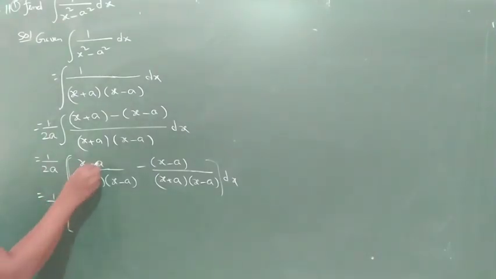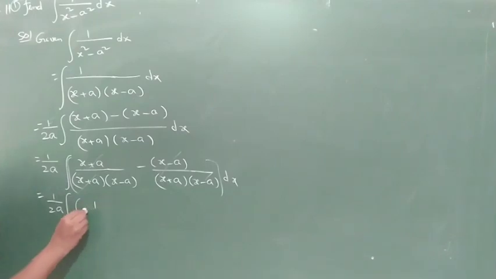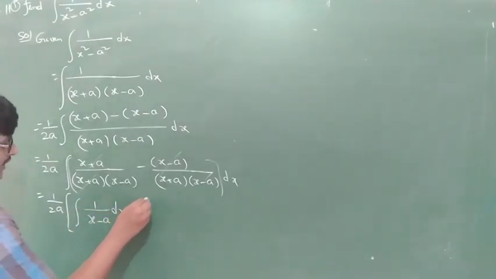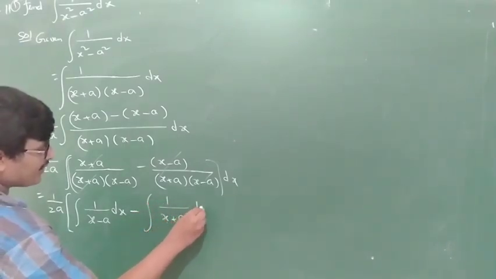Divide, separate. So that is equal to 1 by 2a. x plus a cancels with x plus a, x minus a cancels with x minus a: integral 1 by x minus a dx minus integral 1 by x plus a dx.